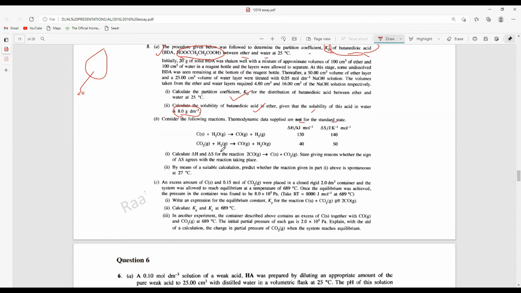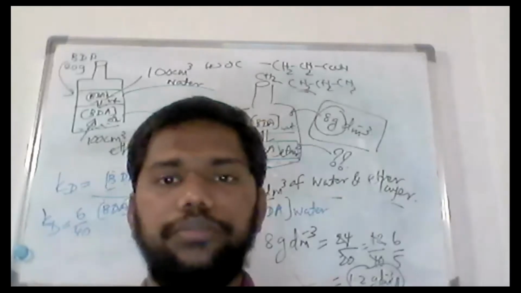Calculate delta H and delta S for the reaction 2CO giving carbon and carbon dioxide. State, giving reason, whether the sign of delta S agrees with the reaction taking place. Right, so we will quickly discuss this one.